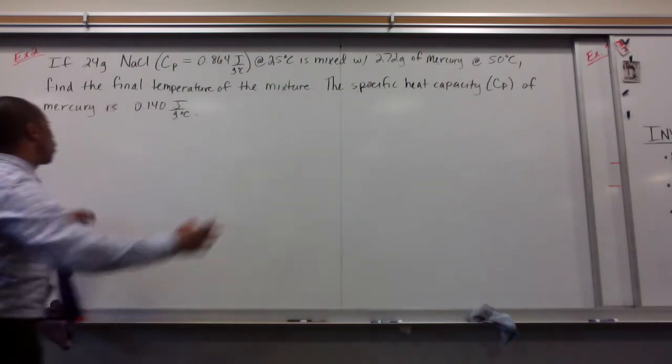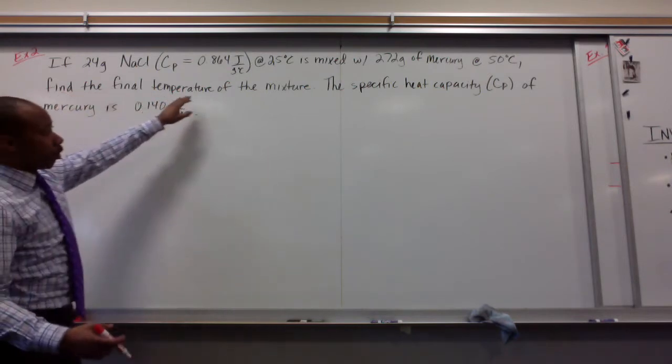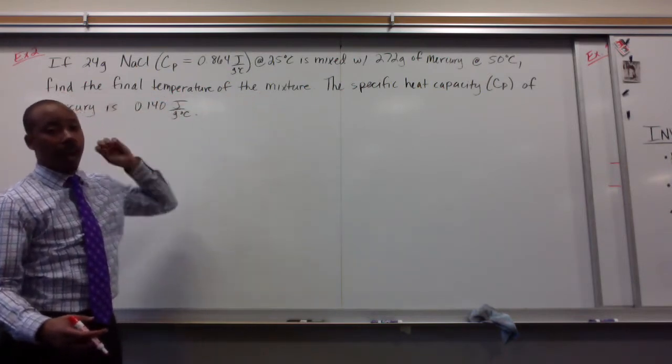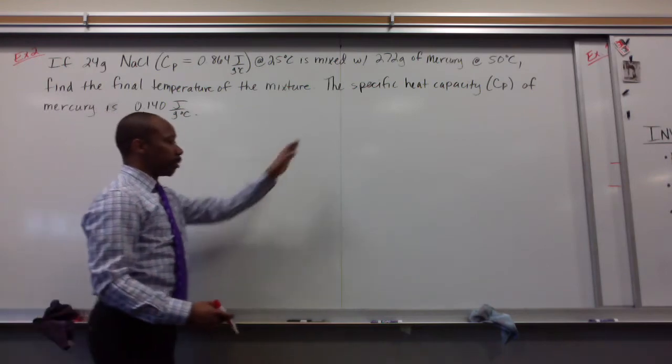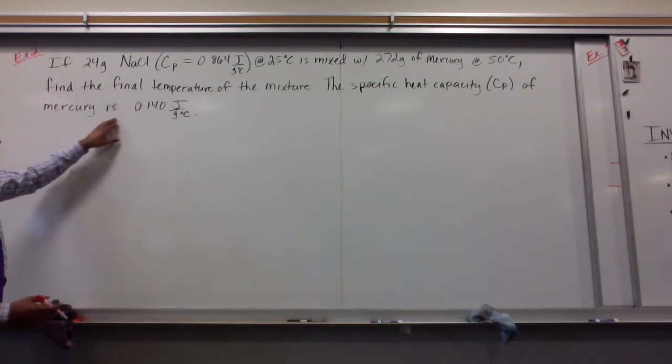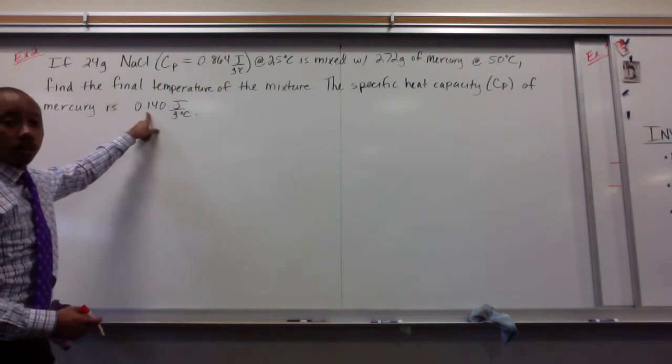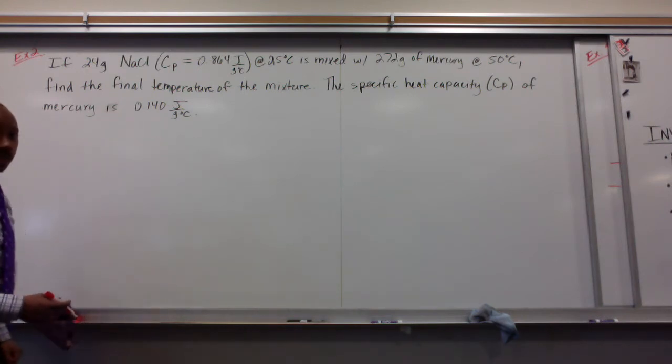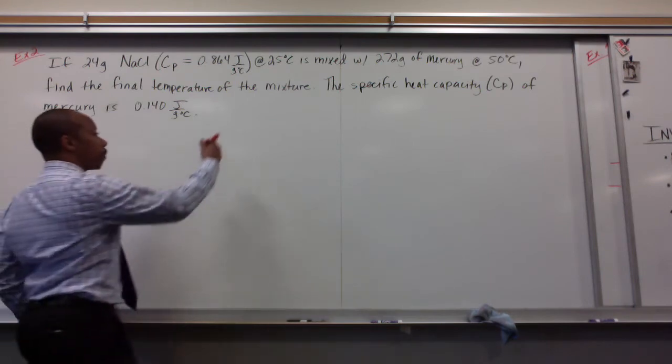If this is so, find the final temperature of the mixture. So you're finding TF. The specific heat capacity of mercury is 0.140 joules per gram degree Celsius. Now the same setup applies here.